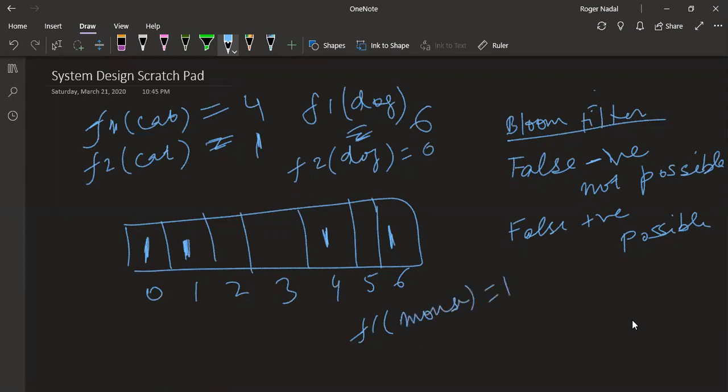F2 of mouse is also 1. So you have to choose your functions such that this doesn't happen. That will be the restriction you have. You will not choose functions which clash among themselves. You may choose a different seed to do that also. So it's not actually a good hash function.